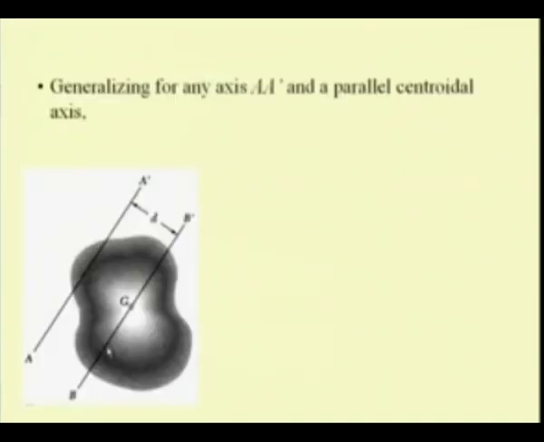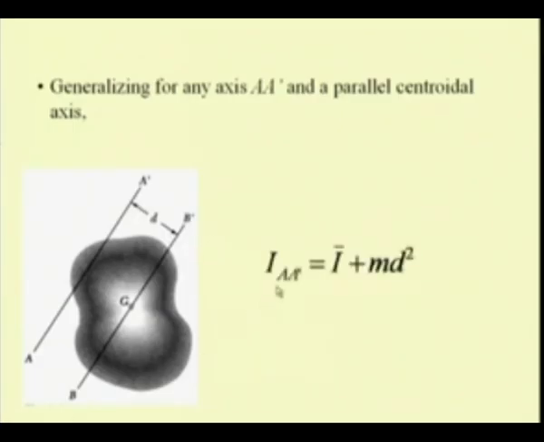So, that is what we see here. Let us say this is the rigid body and this is the centroid. So, this axis is the centroidal axis, that is b prime, and let us say in the space we have another axis a prime, which is parallel to this centroidal axis b prime, and it is situated at a distance of d.